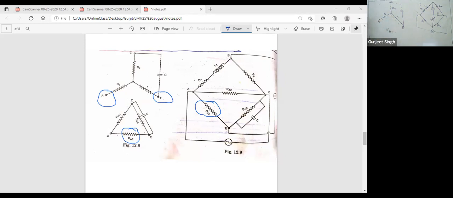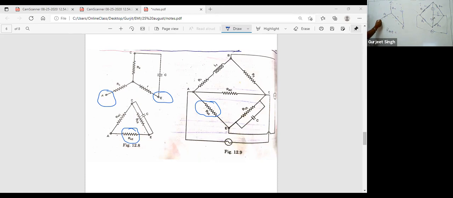In the star to delta connection, we have one resistance here, a second resistance here, and a third resistance in the last one. This is the RAE resistance.